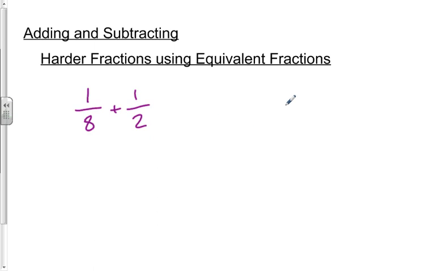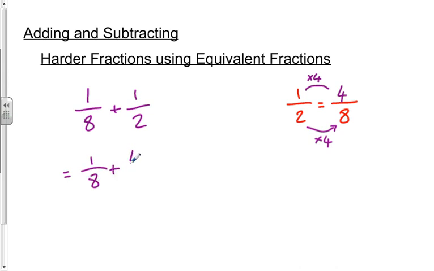Well, we know from our equivalent fractions that 1/2 is the same as a certain number of eighths. We can figure out how many eighths that is by working out what we multiplied by. What do we multiply 2 by to make 8? Well, we have to times that by 4. So if we times the bottom by 4, we have to times the top by 4. 1 times 4 is 4. So really our sum isn't an eighth plus a half, it's an eighth plus 4/8.